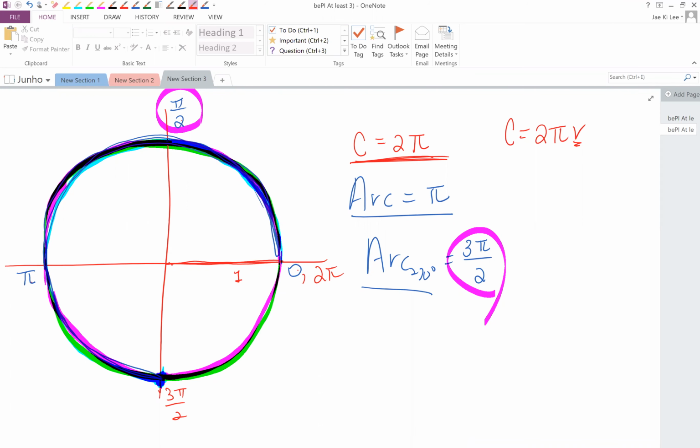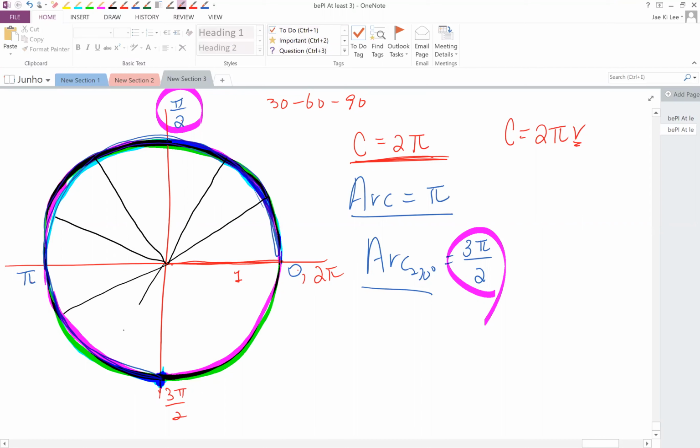Then now we want to go to the 30, 60, 90 unit circle again. So we will talk about 0 to pi first.